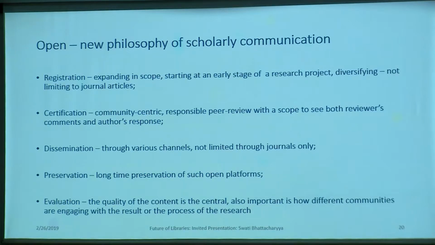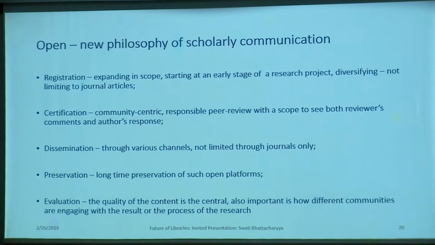The basic thing is that now the philosophy is open. These are five stages that Robert Merton has written about. Registration, which is right now limited to journal submission, but is expanding in scope, starting at an early stage of a research project and diversifying, not only limited to articles.